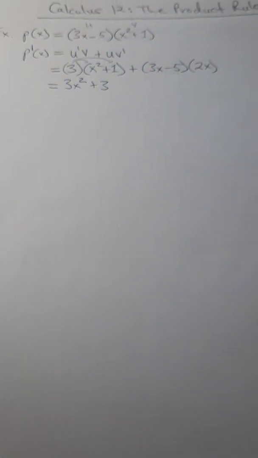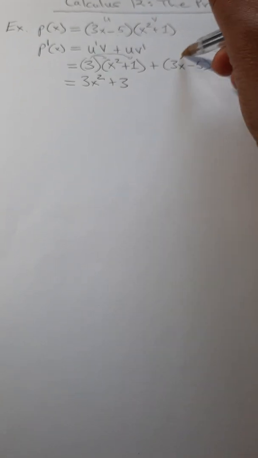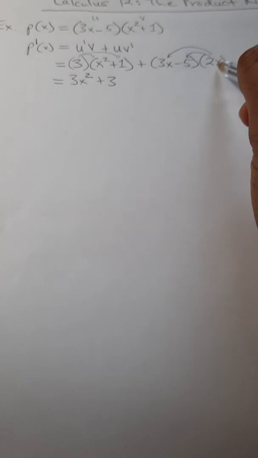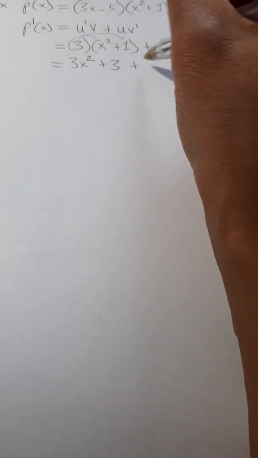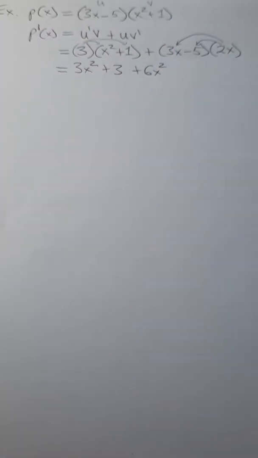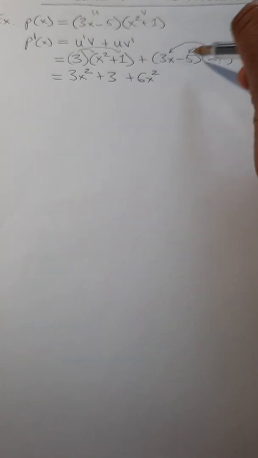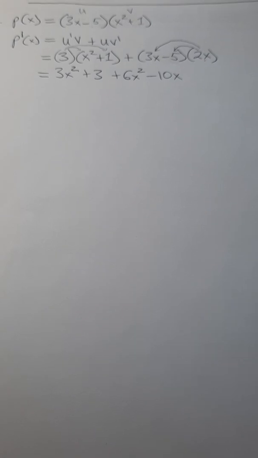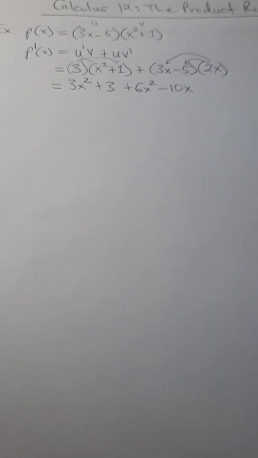Same thing with the second brackets: I'm going to multiply both of these terms by 2x. So 2x times 3x, so plus 6x squared, and then 2x times negative 5, so negative 10x. Make sure you watch the signs here.